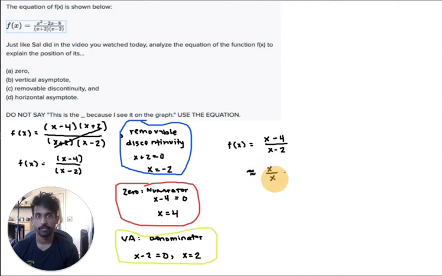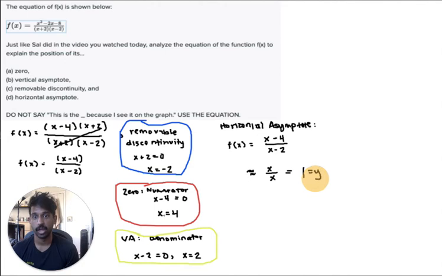If we divide both of those, we get 1. And so that means that our horizontal asymptote, I did not write that here, horizontal asymptote, our horizontal asymptote is y equals 1.